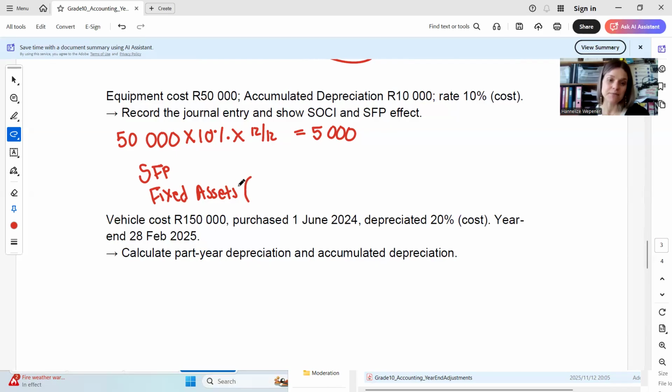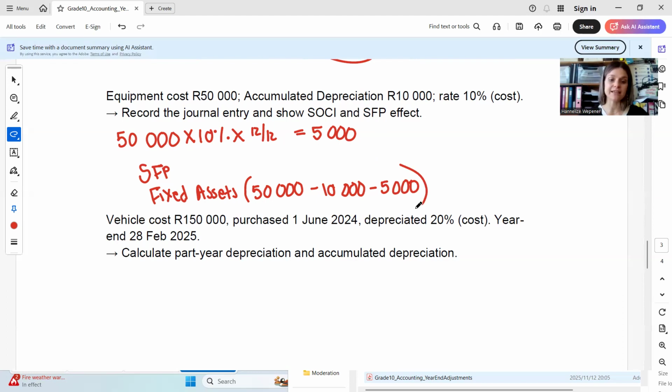And then you must remember that your fixed assets now consists of the cost of that asset at the beginning of the year, minus the accumulated depreciation that you had already written off in the prior financial year. So this is just your opening balances. And now in the current financial year, you have now debited your depreciation expense and credited your accumulated depreciation.